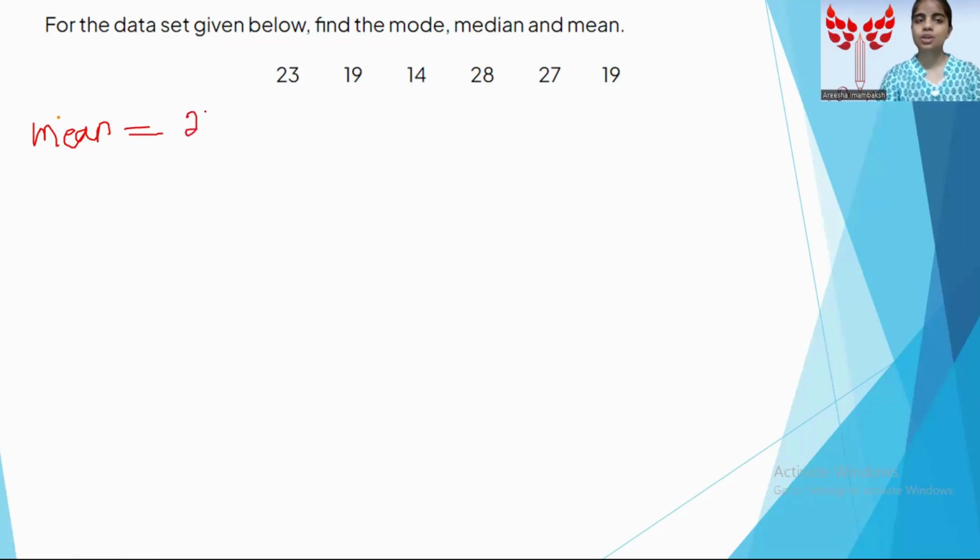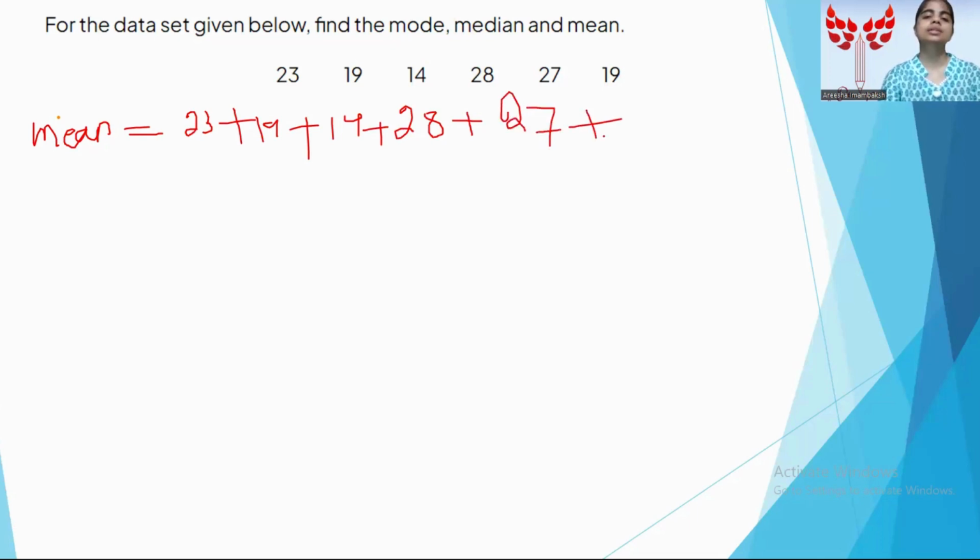The sum would be 23 plus 19 plus 14 plus 28 plus 27 plus 19, divided by 6, right?